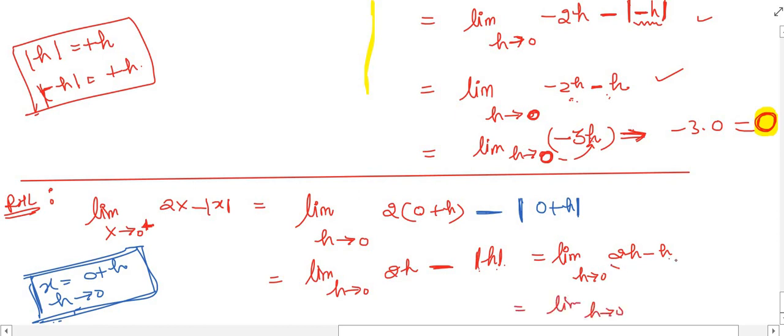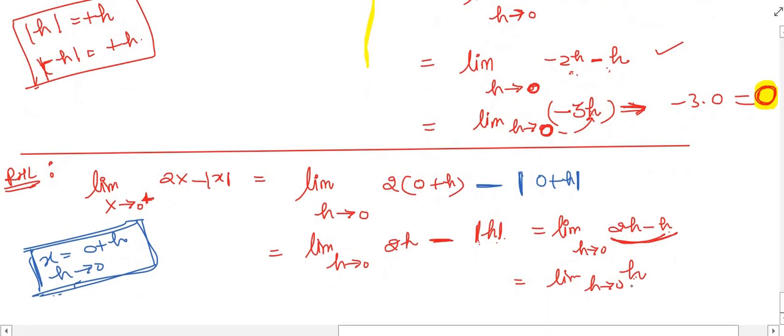It is h only. Now we can put h equal to 0, and if you put it, the answer is 0 only. I am getting, for the first time I think, RHL is also 0. LHL was 0, RHL is also 0.